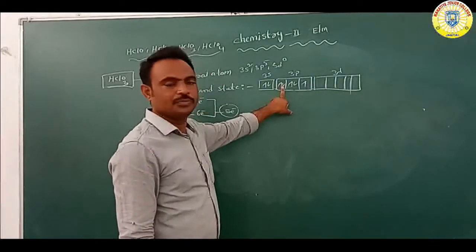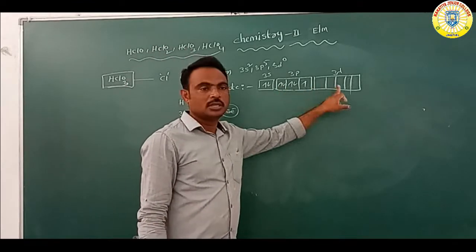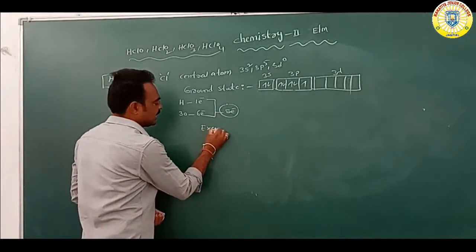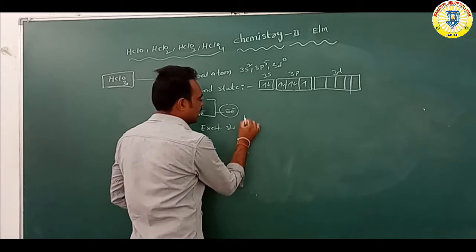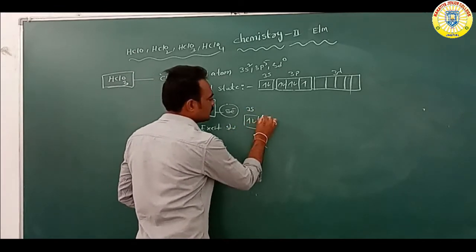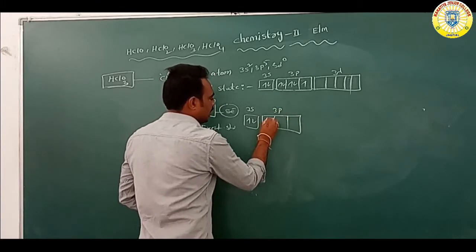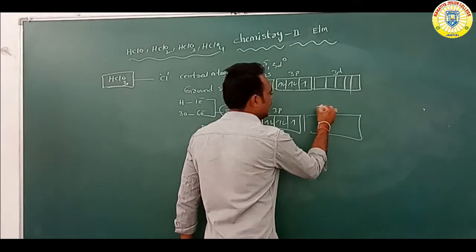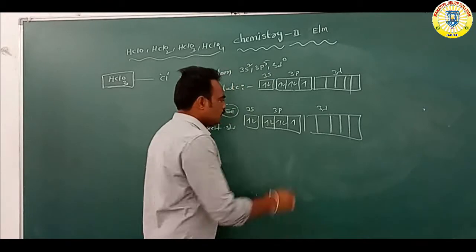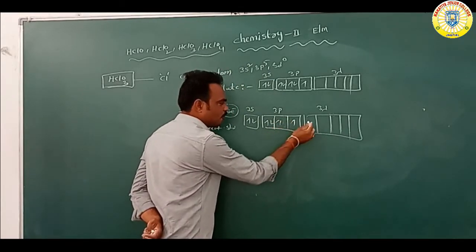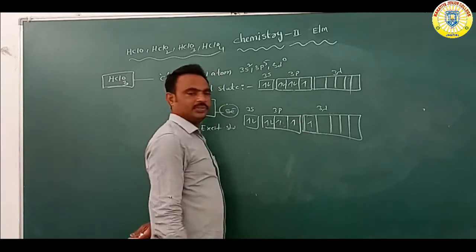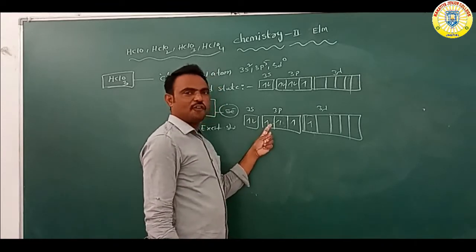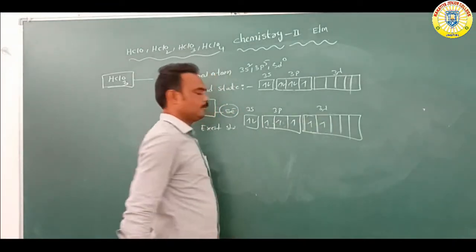In the second excited state, another electron of the 3p orbital jumps to the 3d orbital.